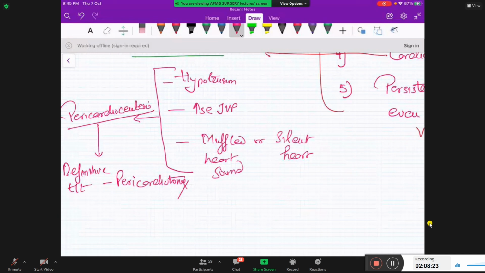The examiner gave you only two findings. The examiner told you that the patient has a thoracic injury. The patient has hypotension and the neck veins are prominent. On what lines will you manage? Will you do a pericardiocentesis or will you put a needle in the fifth intercostal space?